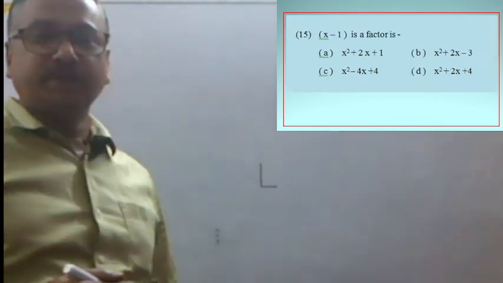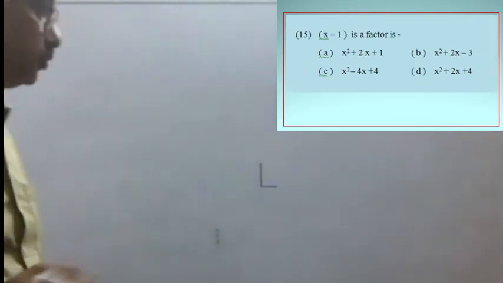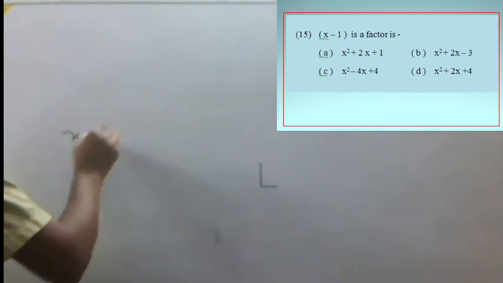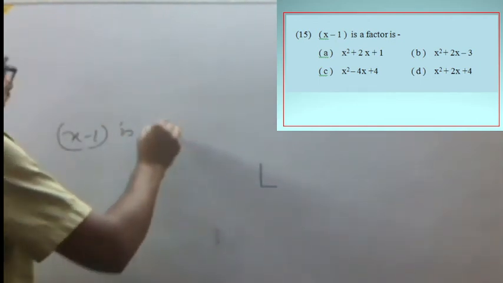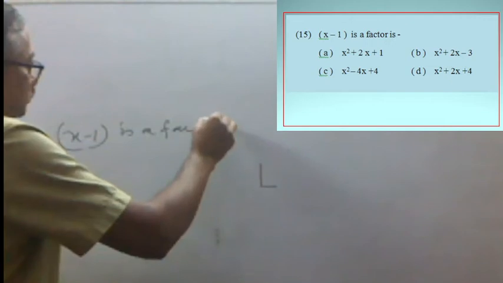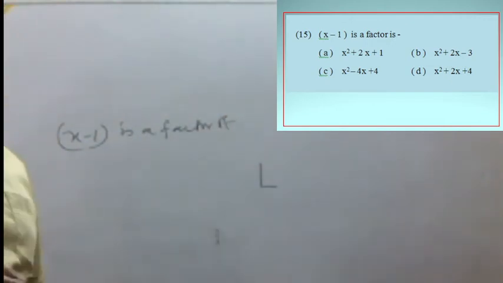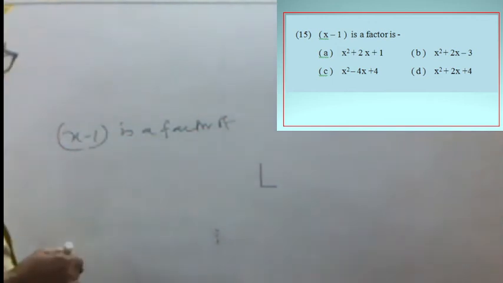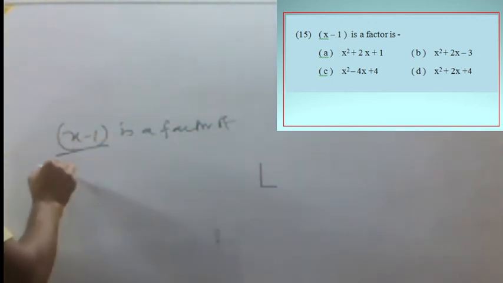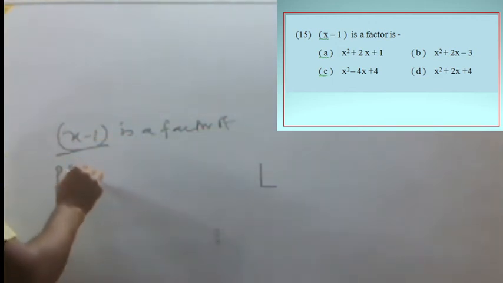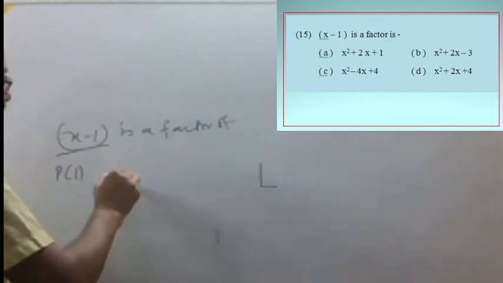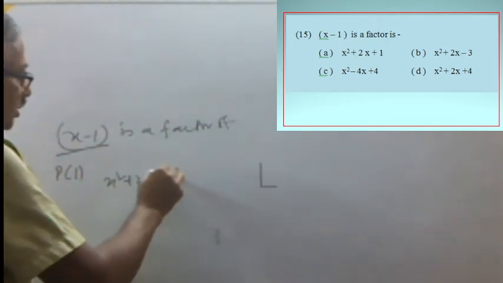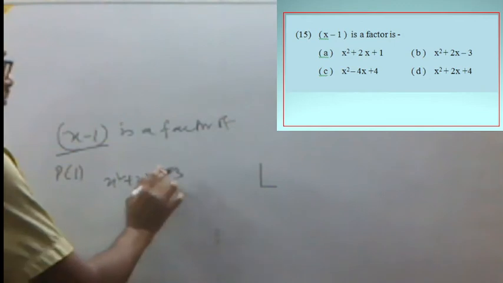Now the next question: x minus 1 is a factor of some polynomial given. If we verify option B, x minus 1 means p of 1. Option B is x square plus 2x minus 3.